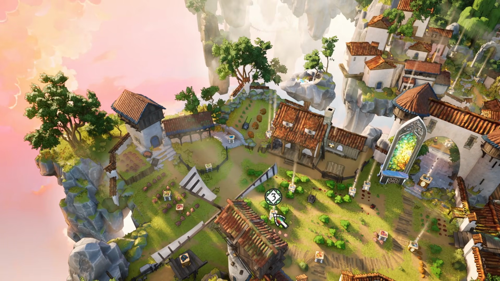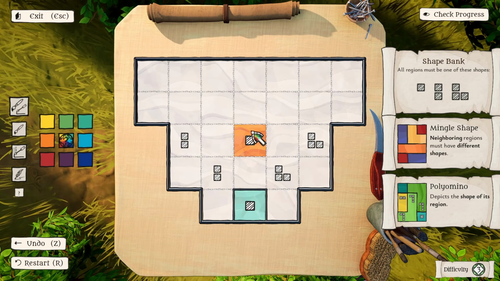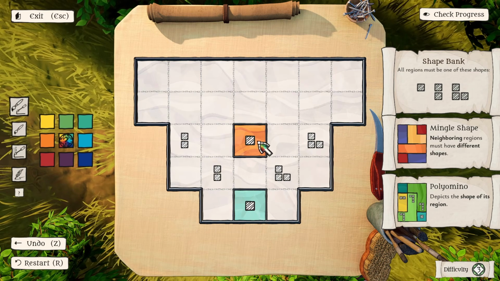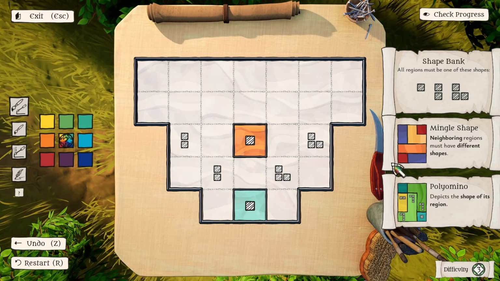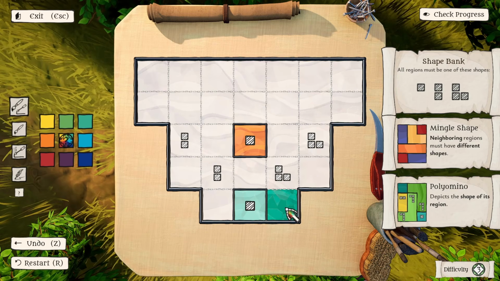4, 3. Take that 3. Okay, that is that. This is also that. We have mingle shape, the shape bank. Okay. So this cannot be a 1.